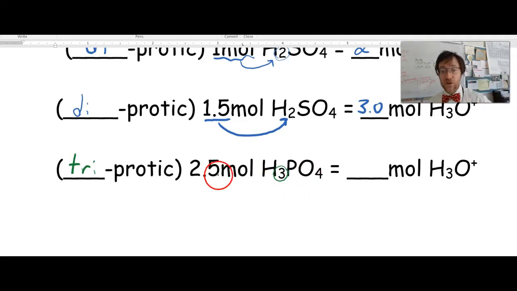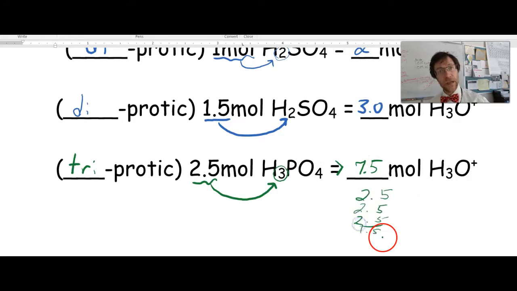So, if I have 2.5 moles of a triprotic acid, I will produce 7.5 moles of H3O+ ions, right? Awesome. You guys picking up on this?